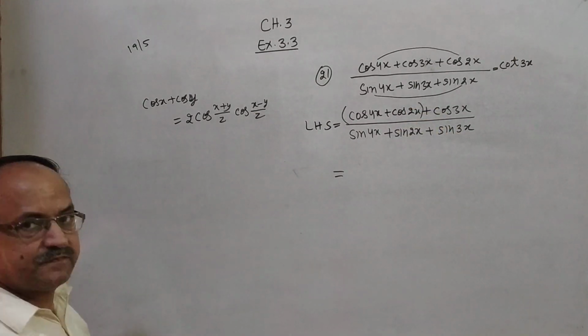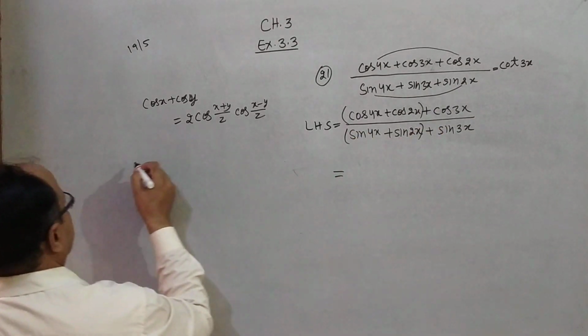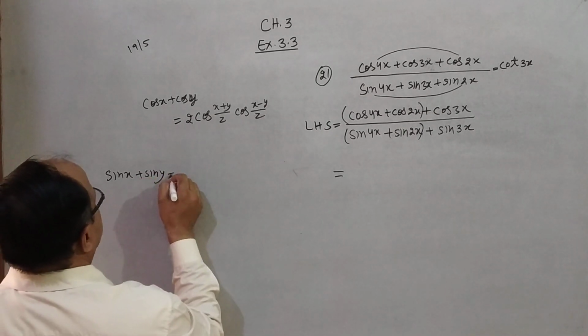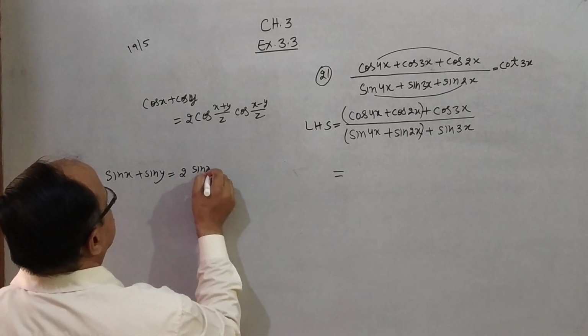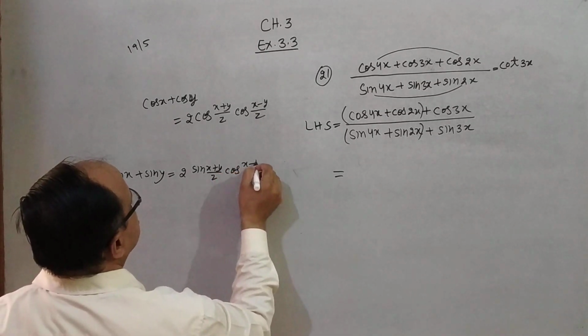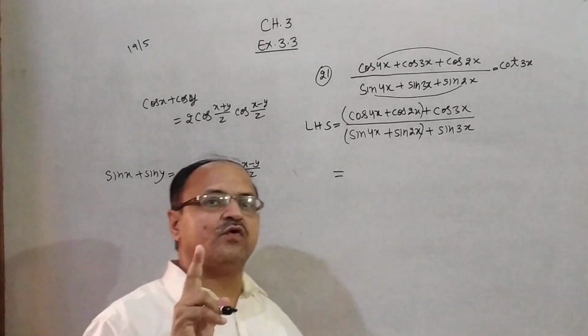And in the denominator, sin 4x and sin 2x, here we apply the formula sin x plus sin y, that is 2 sin x plus y by 2 and cos x minus y by 2. We apply these two formulae in this question.